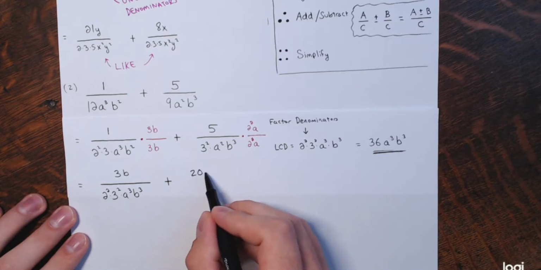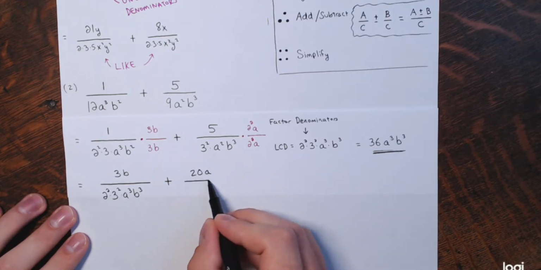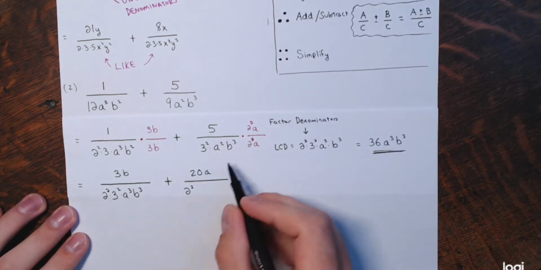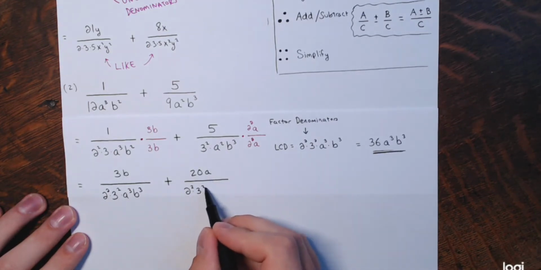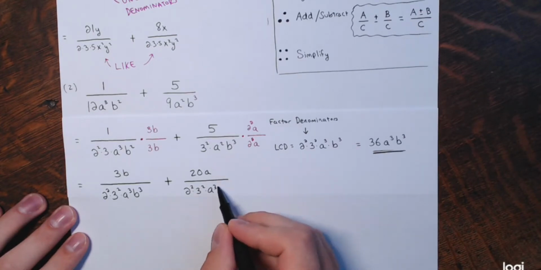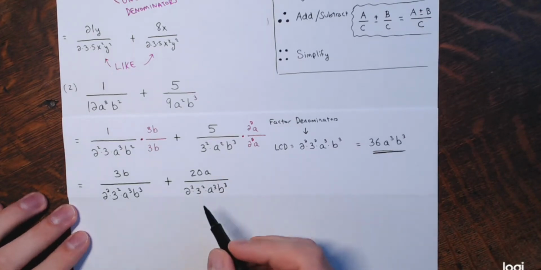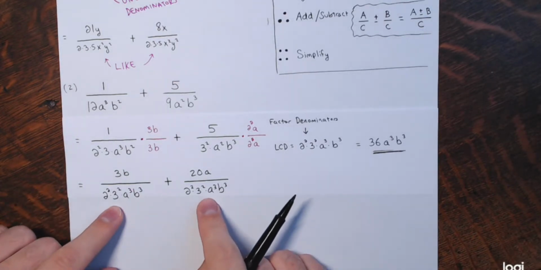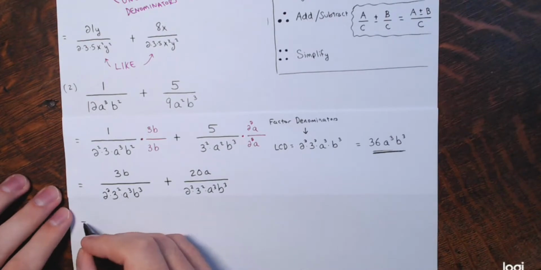So 20a over, and then the LCD. It should be 2 squared, there's 3 squared, and then there's a squared times a, so a cubed, and then there's b cubed. And now they have the same denominator, which is what I want.